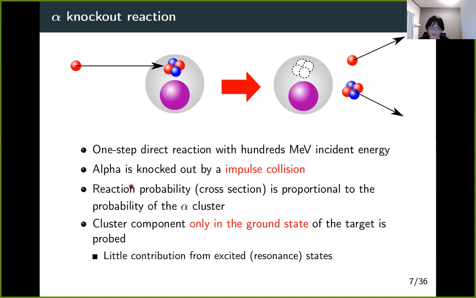An important thing here is that because this is a one-step direct reaction, only the cluster component in the ground state of the target is probed, and cluster states in the excited states have little contribution to this reaction event.